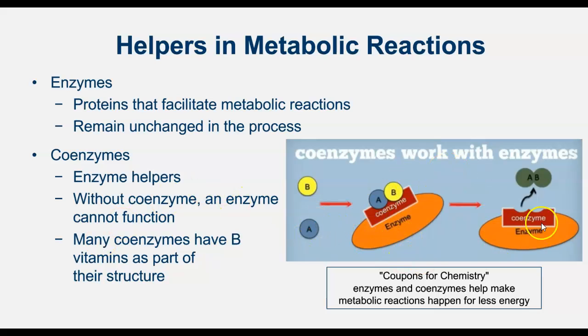So here is a picture of how an enzyme and a coenzyme might work together to create new molecules. And you're going to learn about how many of the B vitamins, when we get to the vitamin chapter, are useful in these metabolic reactions.